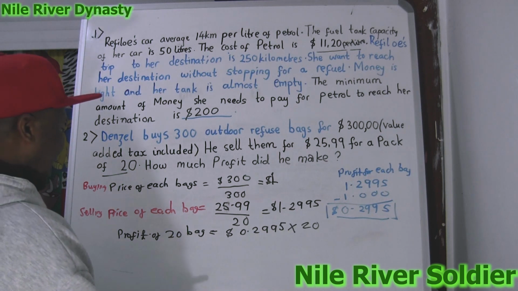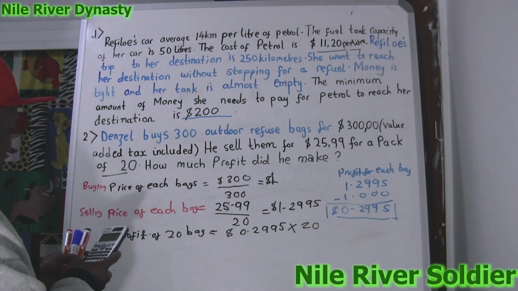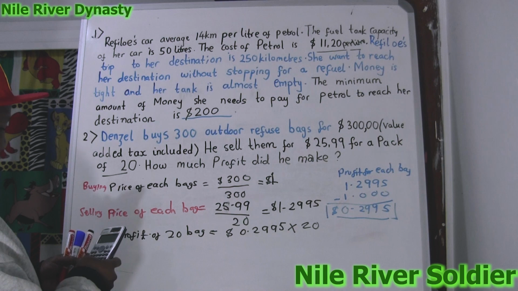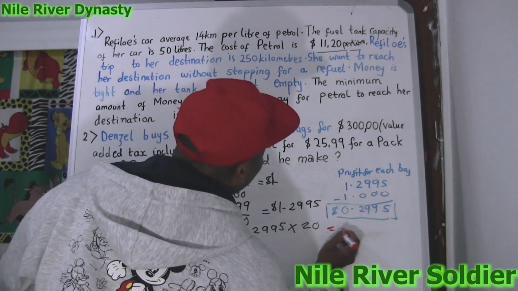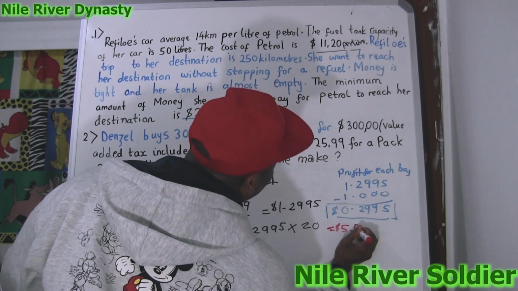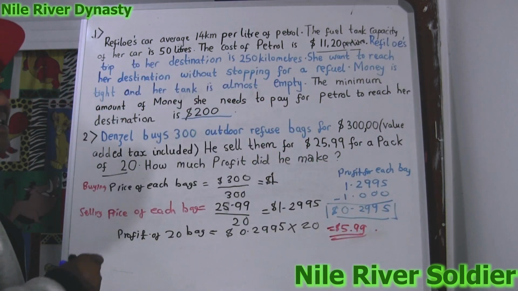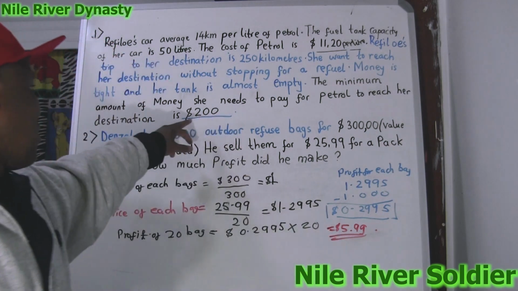Okay, 5.99. My apology, I was wrong, I'm sorry. 0.2995 times 20 is 5.99. So for 20 bags this guy is going to make a profit of 5.99. This is the profit he's going to make. If it's multiple choice, then this is what you should pick.